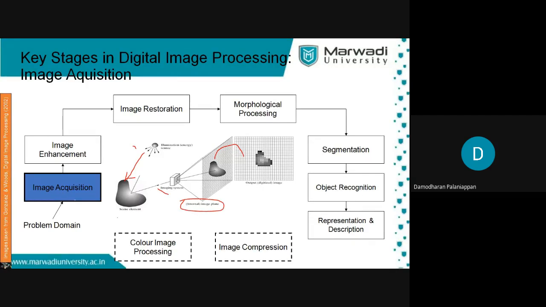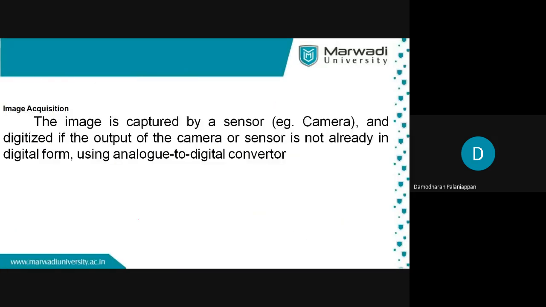So image acquisition is nothing but capturing an image. It can be captured by using a camera. After capturing, the image is converted from analog to a digital image.